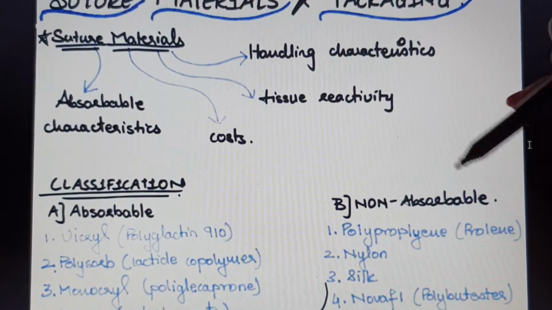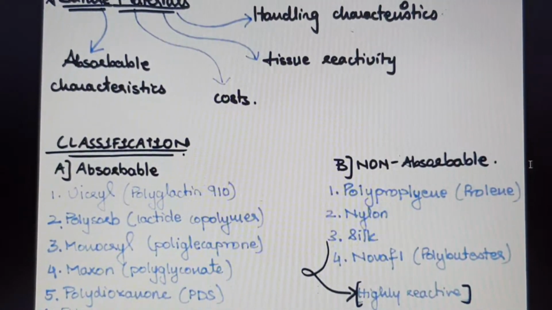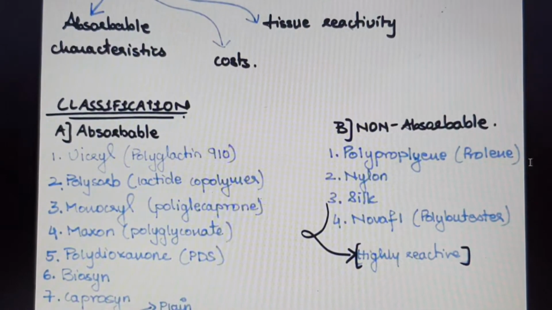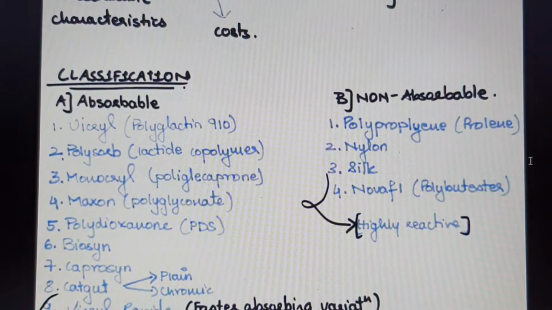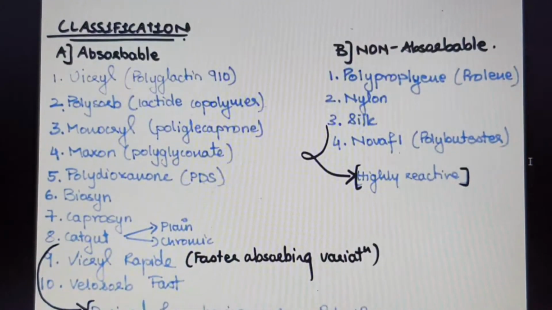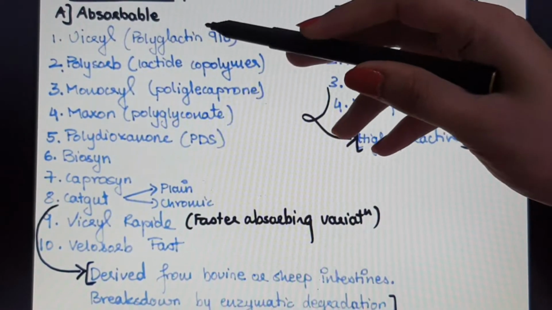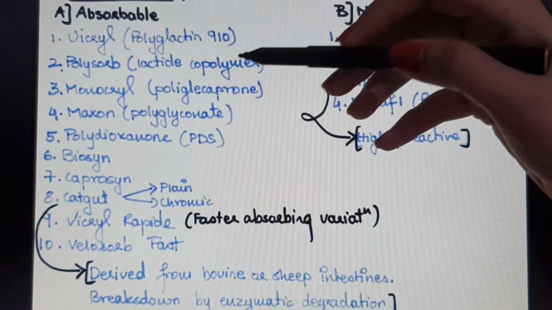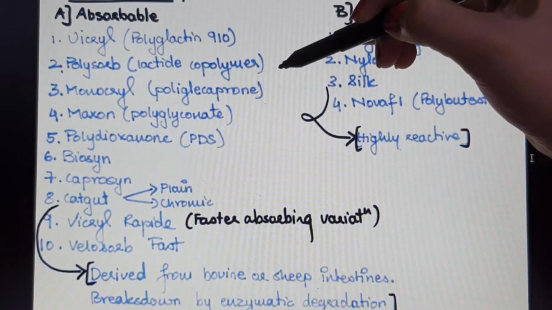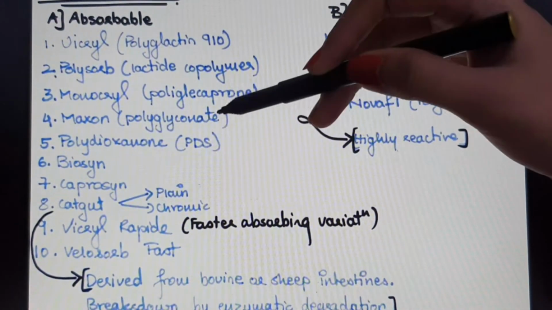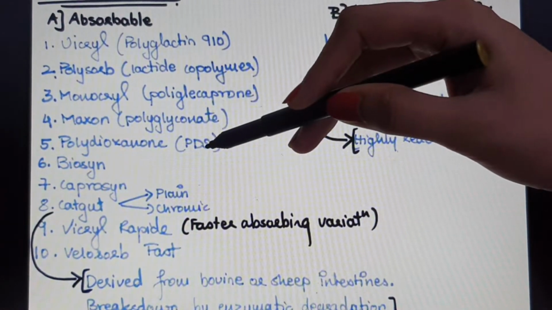These suturing materials are either classified into absorbable or non-absorbable materials. So the classification is as follows. Absorbable suture materials consist of Vicryl, that is polyglactin 910. Then we have Polysorb, Monocryl, Maxon, Polydioxanone.